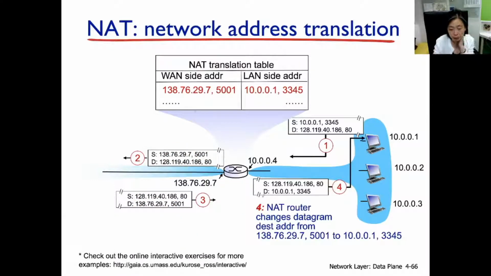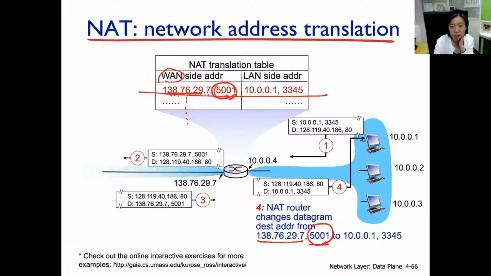So this time, the process is exactly this. Let's look at the destination port number, and then go to the table. Look up the entry in the table such that the port number in the WAN part matches the destination port number. Now, the destination IP address is definitely going to match the WAN side IP address, because the WAN side IP address is just 138.76.29.7.